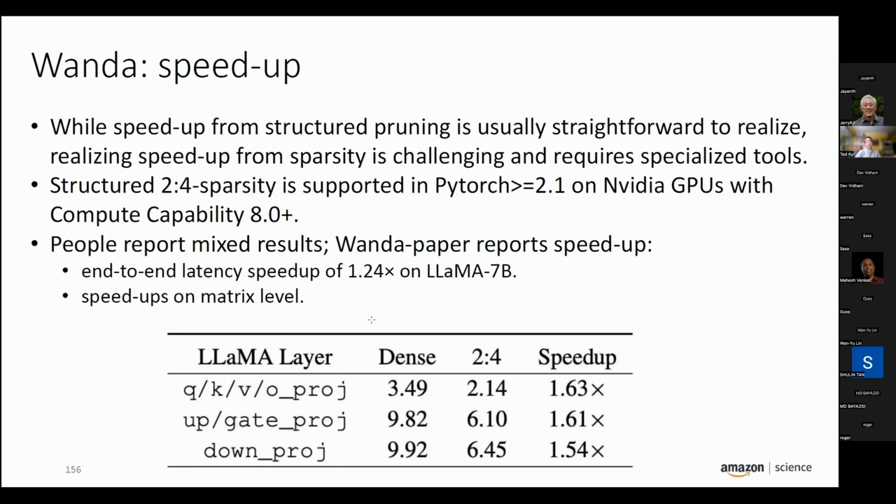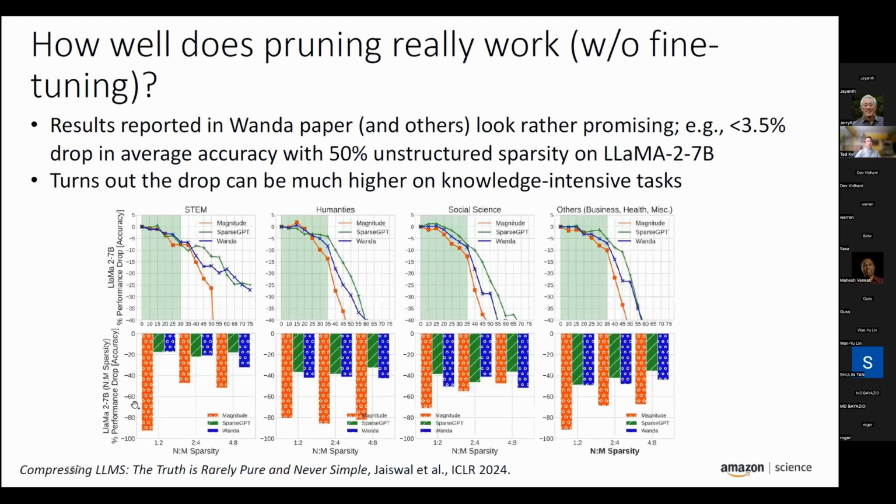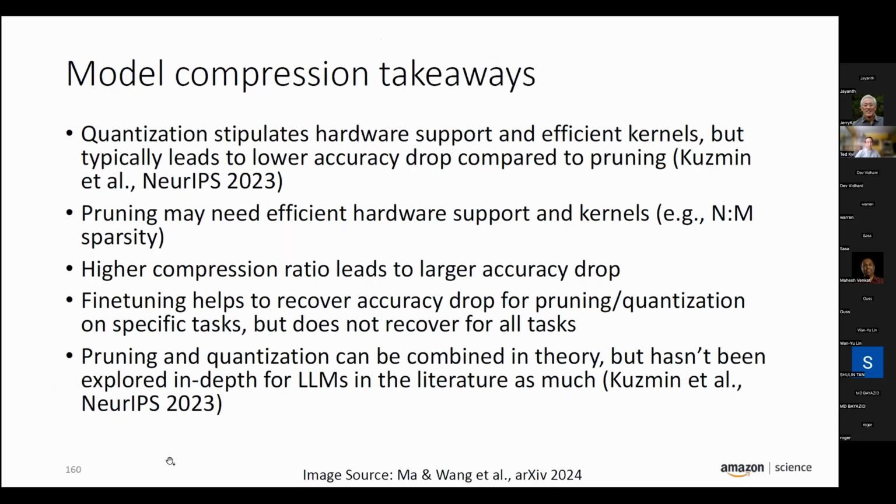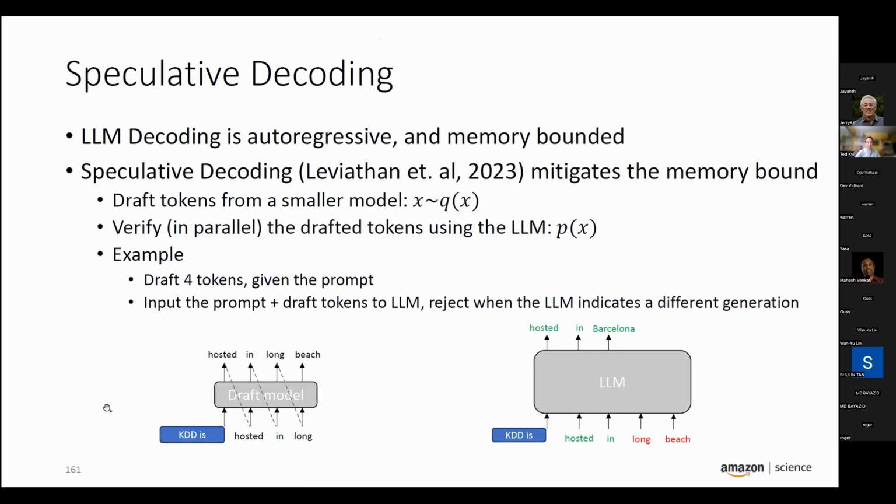I guess to OpenAI, a 24% speed up would be worth billions of dollars. But for most of us who don't have millions of users every day, it seemed to me like those speed ups are not overwhelming.